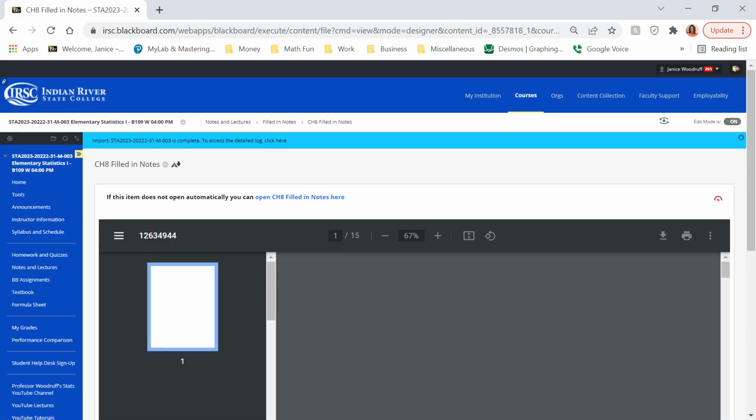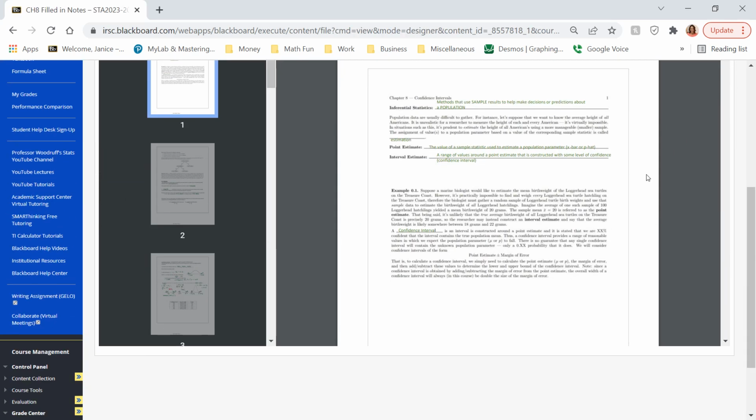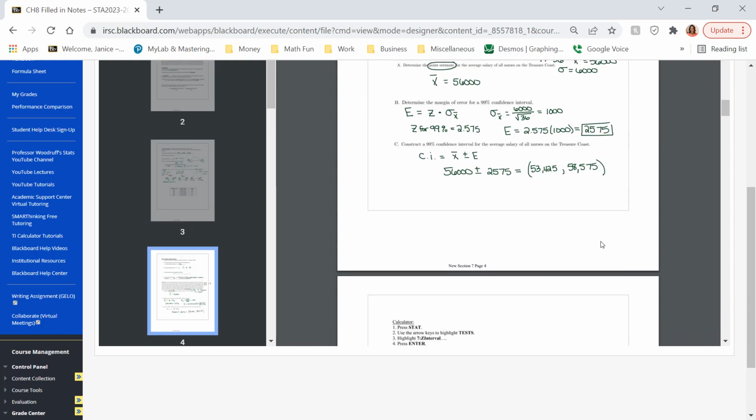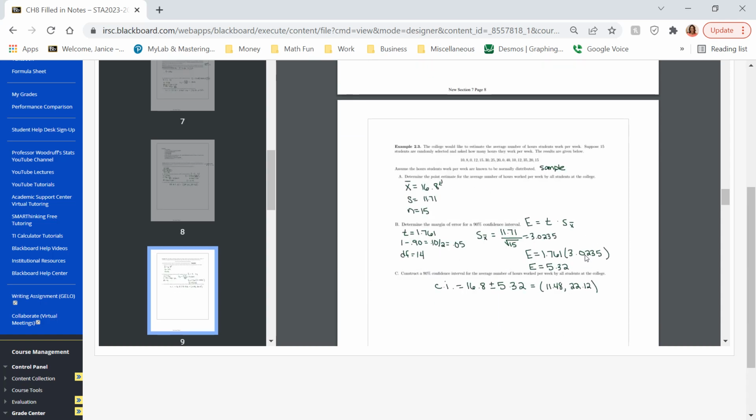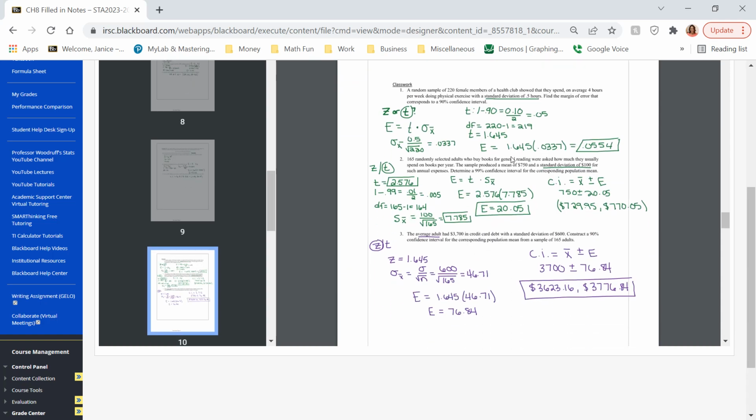Chapter 8 filled in notes. And you should have the answers to those practice problems. There it is, with my work as well.